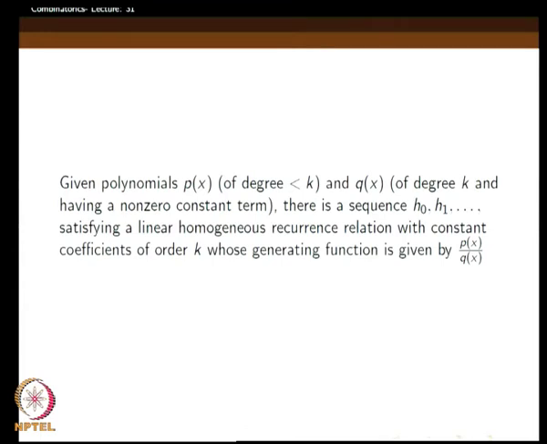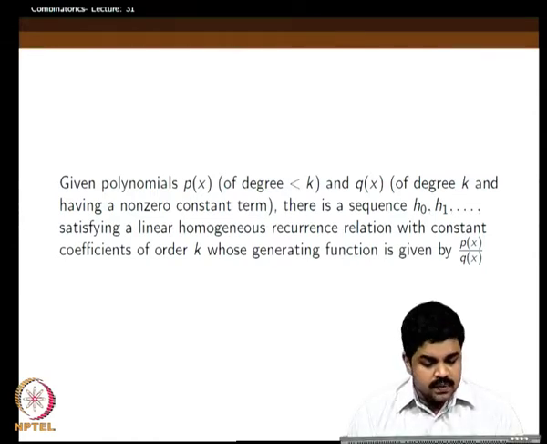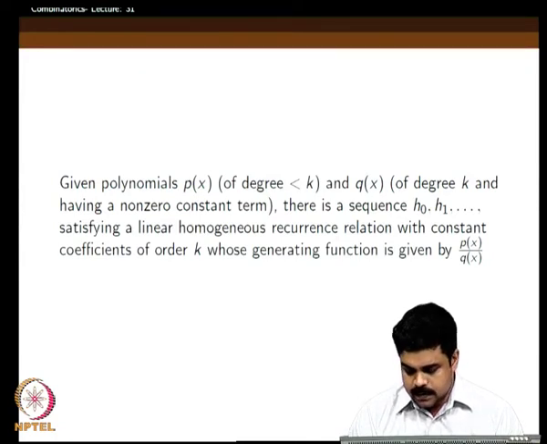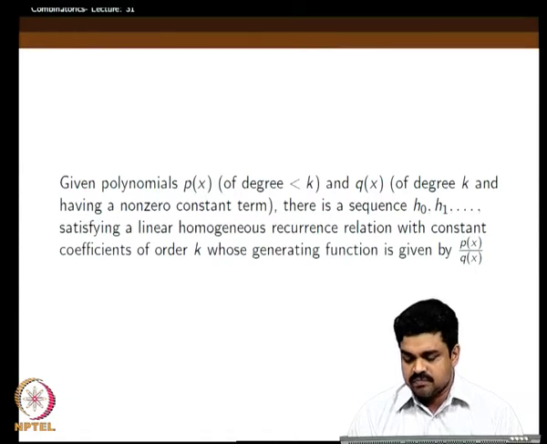In the last class, we have seen that given a sequence H0, H1, H2 and so on satisfying a linear homogeneous recurrence relation with constant coefficients and of order k, we can find a generating function of the form p of x by q of x, where p of x is a polynomial of degree strictly less than k and q of x is a polynomial of degree k and the constant term being equal to 1.